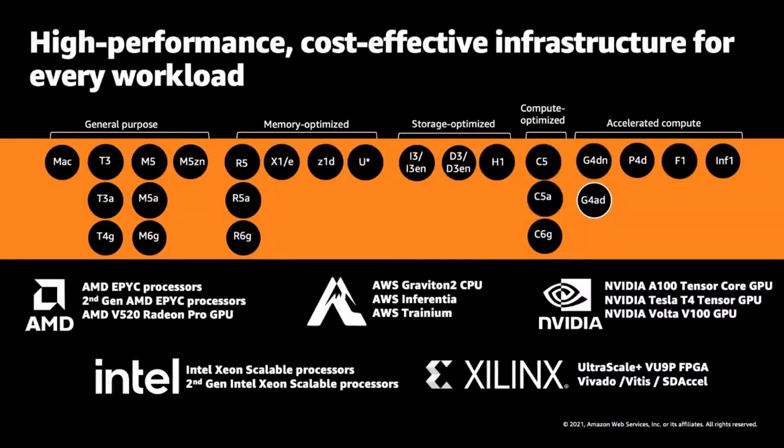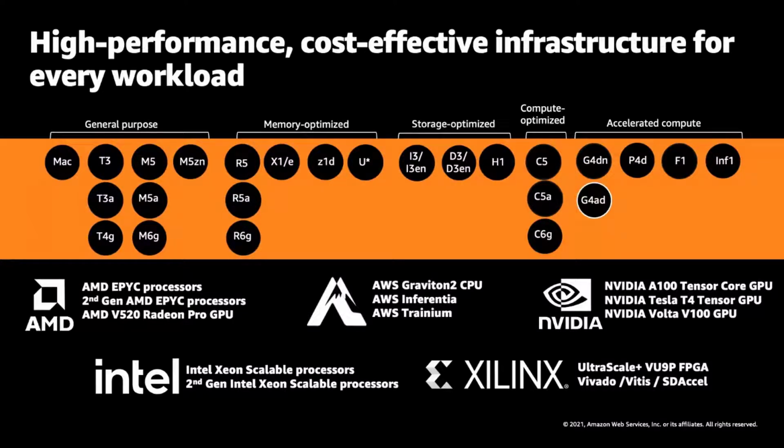If we look into compute-based instances from AWS, you can see this wide variety of instance offerings. Our instances are divided into a general purpose compute-based category, memory optimized compute, compute optimized, storage optimized, and accelerated compute. Today we'll be focused on the accelerated compute category of instances, specifically the G4ad instance, which I've outlined in white in this diagram.